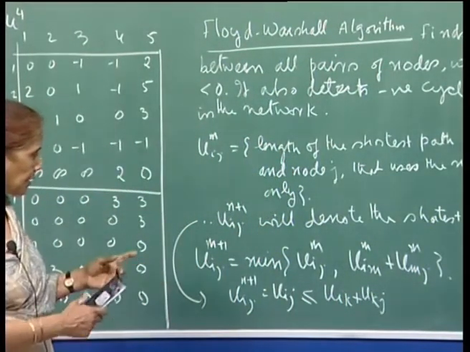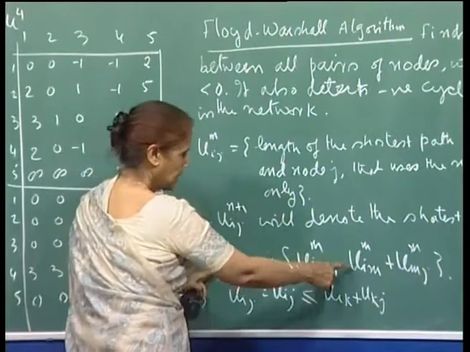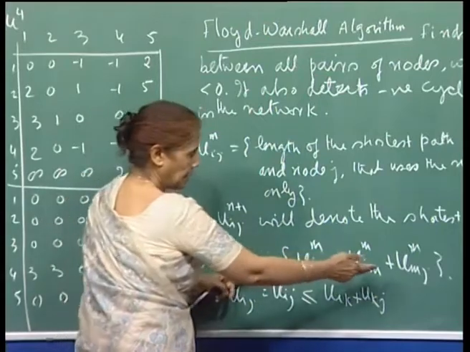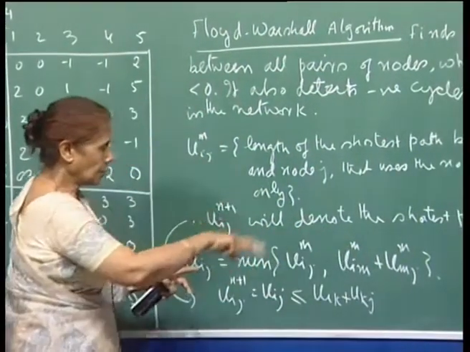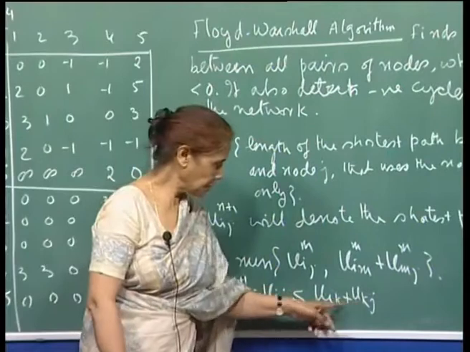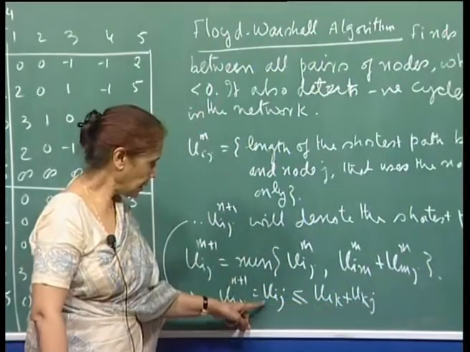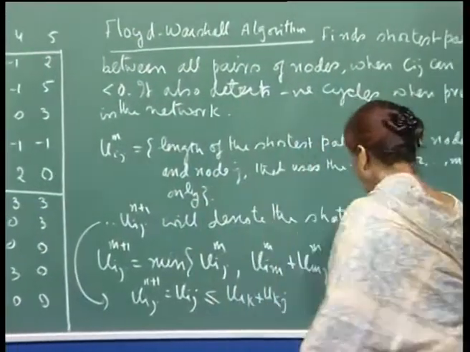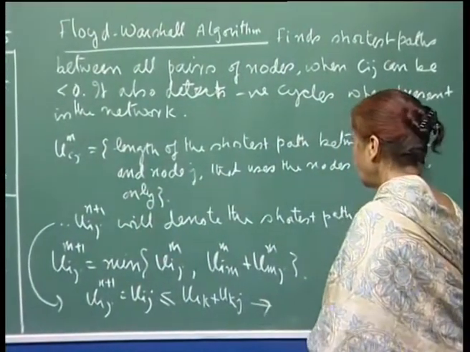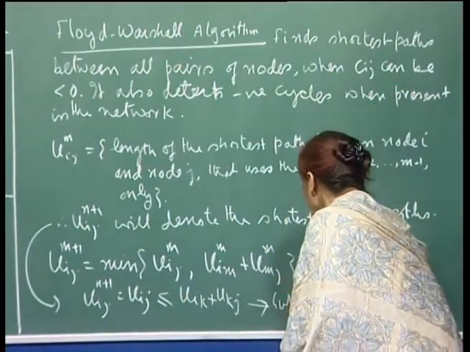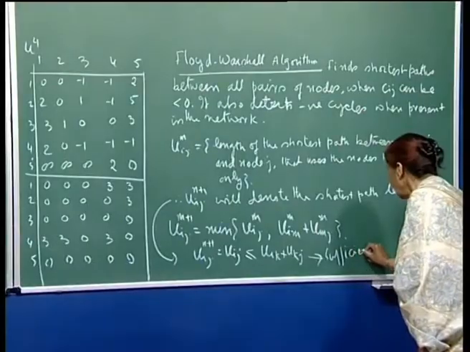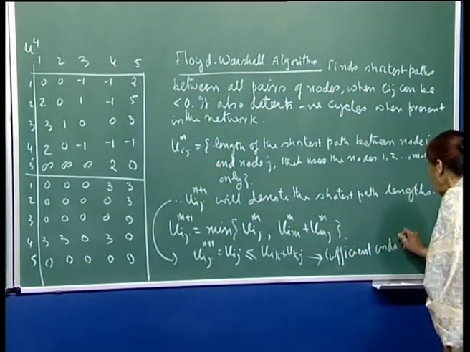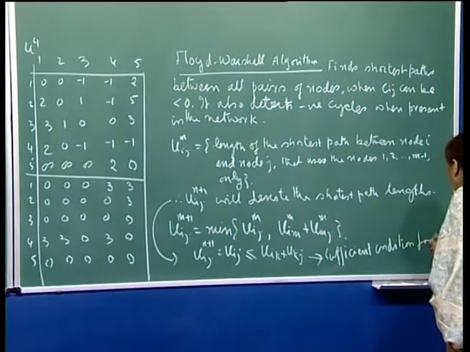That means, if you take the triplet i, k, j, because you are updating your shortest path lengths by this formula, once you have done it for all the nodes, then these things get fixed up, and so uij will be less than or equal to uik plus ukj. So, this is your sufficient condition for optimality.